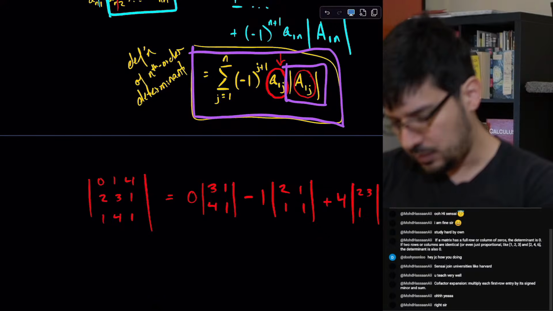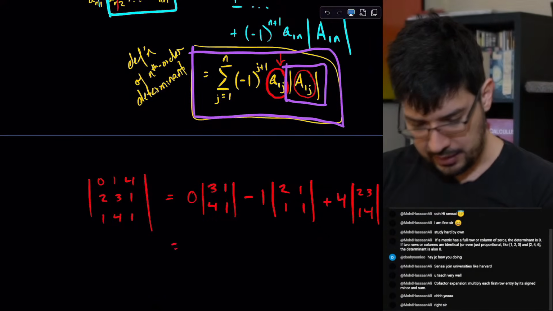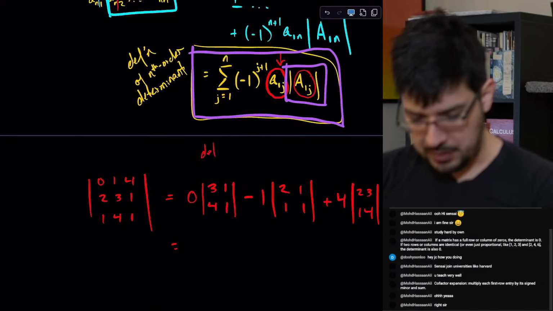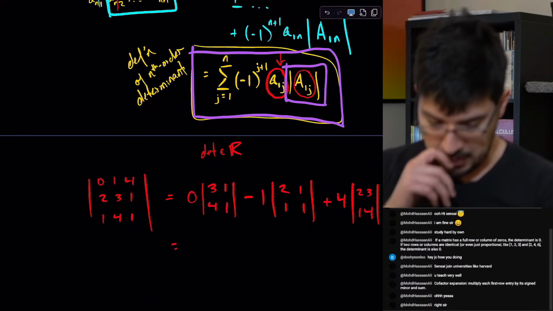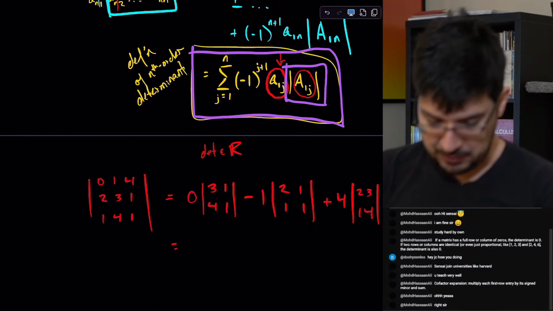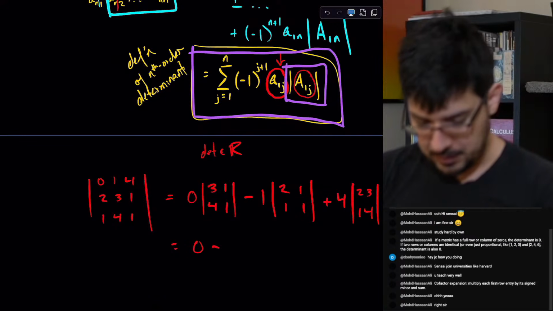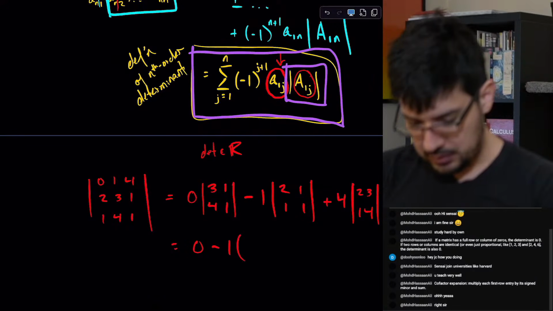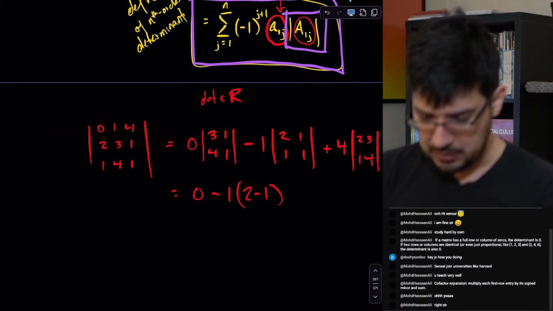Okay, the determinant is always just a number for any matrix. So 0 times a number is 0. And here I can calculate this using the 2x2 rule.